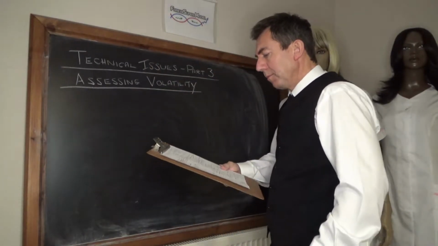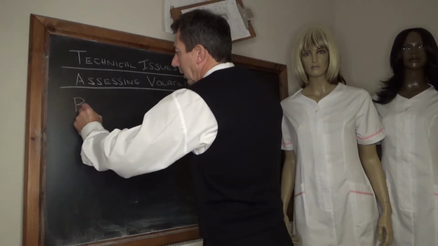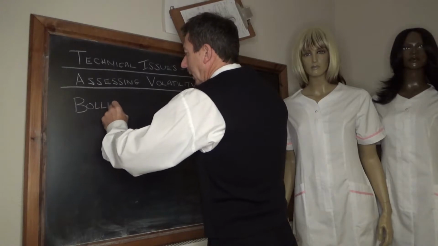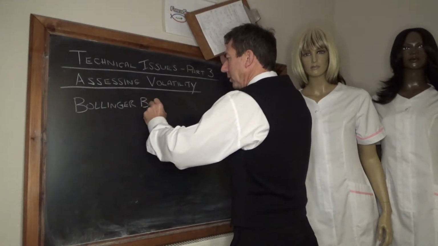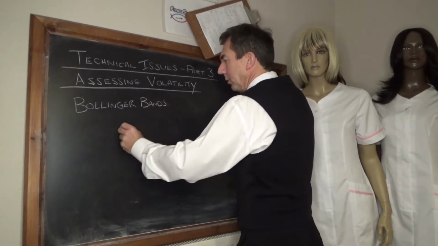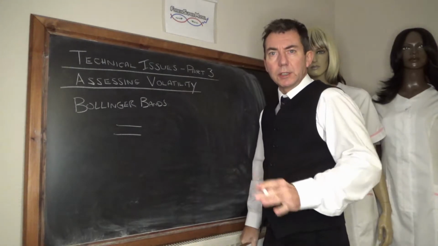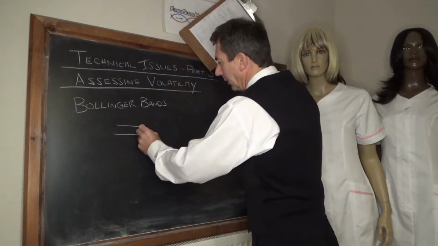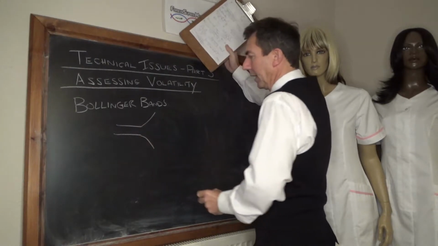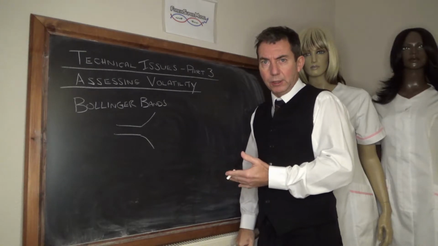Bollinger Bands is the other one. Bollinger Bands are viewed as a measure of volatility. So when they're tight, volatility is viewed as being relatively low, and when they start to expand out, volatility is viewed to be increasing.